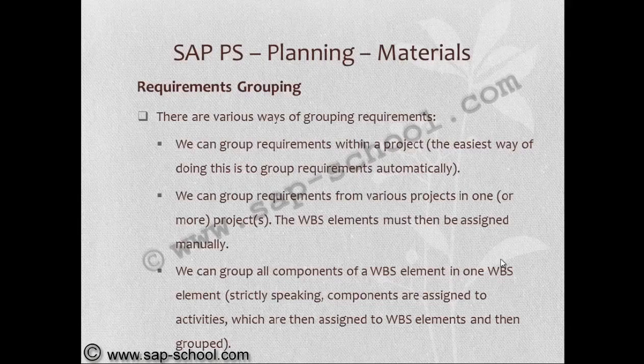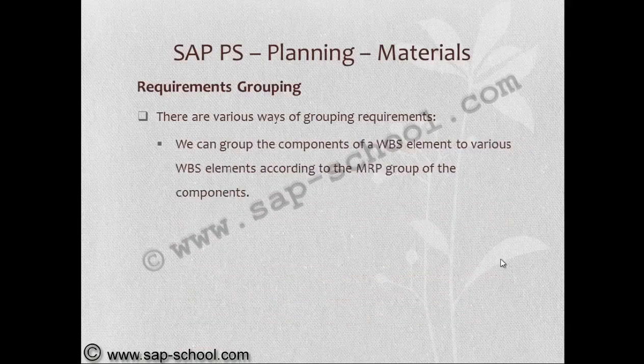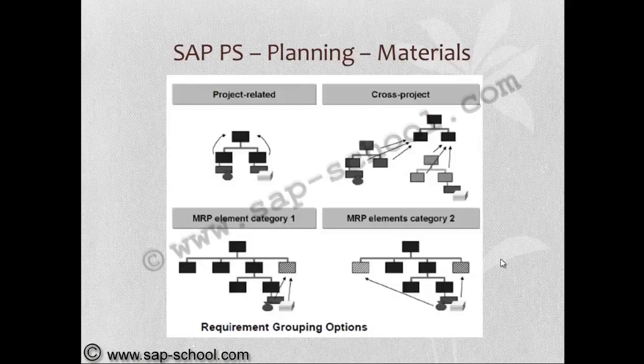Strictly speaking, components are assigned to activities which are then assigned to WBS elements and then grouped. We can group the components of a WBS element to various WBS elements according to the MRP group of the components. So we can see the requirement grouping options like project related, cross project related, MRP element wise, MRP element, second category.